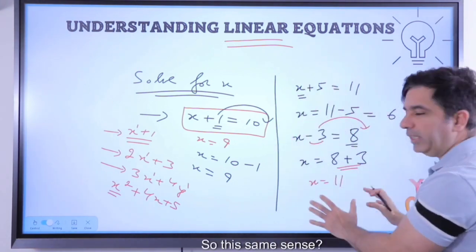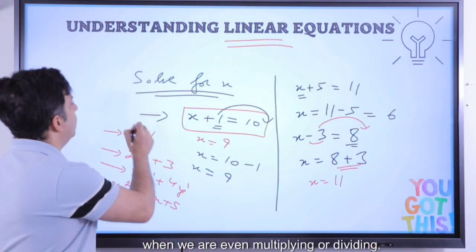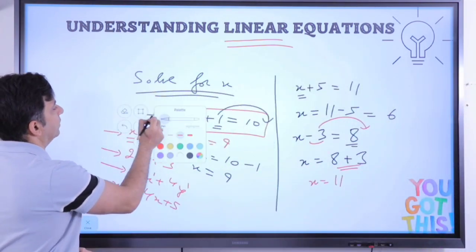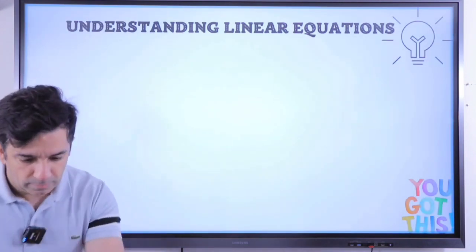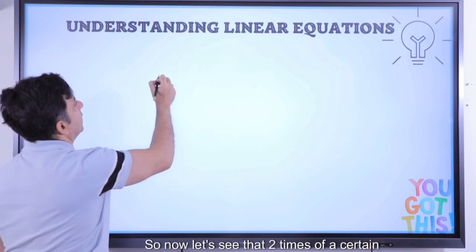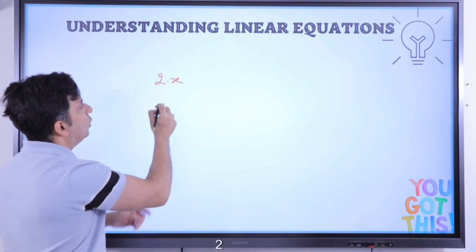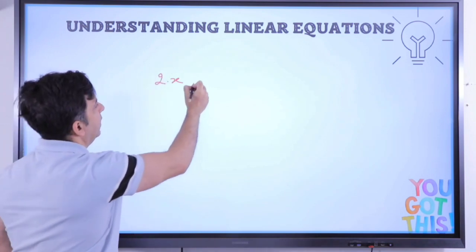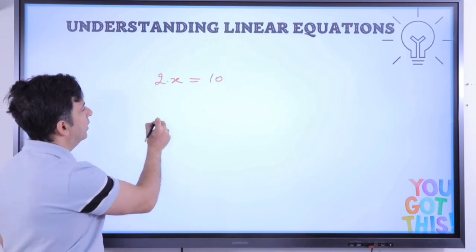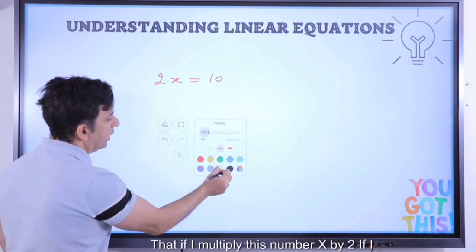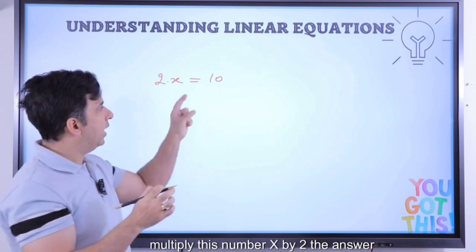This same sense actually prevails when we are multiplying or dividing. Now let's say that 2 times a certain number x, 2 times this x, is 10. What does this mean? If I multiply this number x by 2, the answer becomes 10.